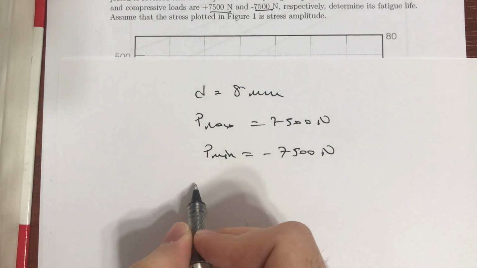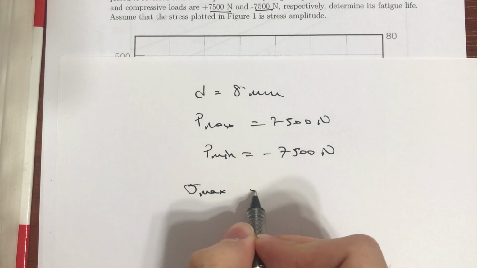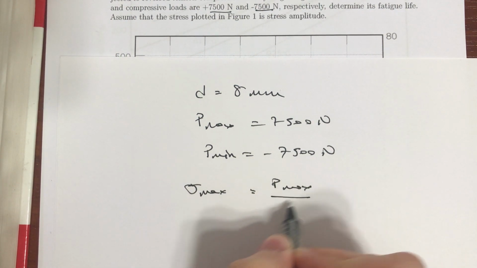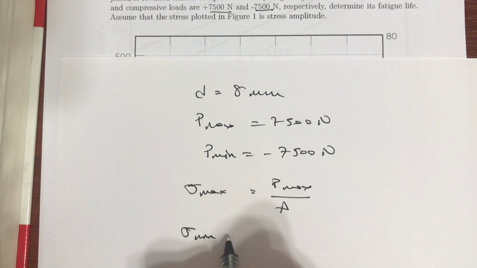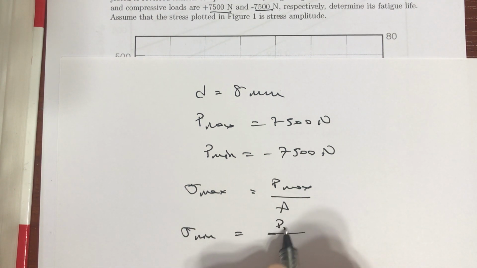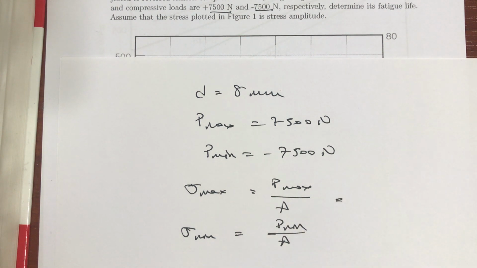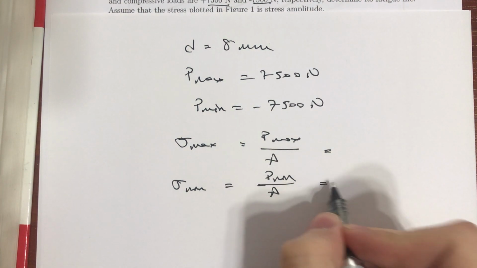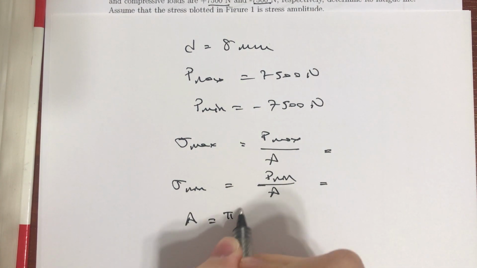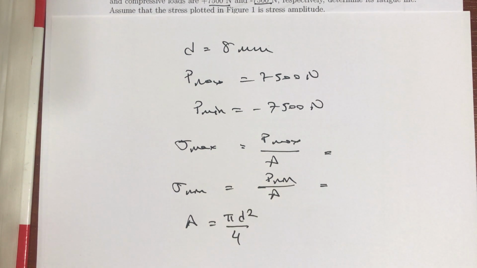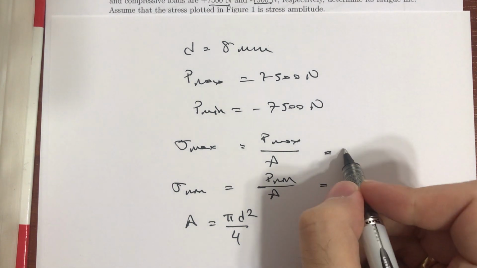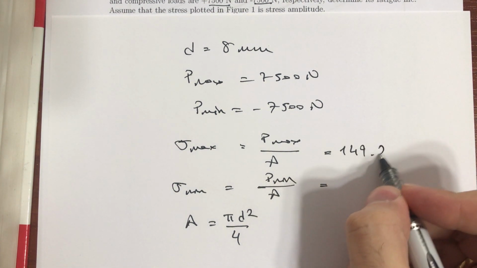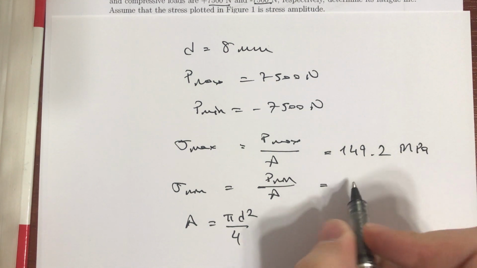7,500 newtons, we calculate maximum stress from P max over A and minimum stress from P min over A. The maximum load is 7,500, minimum load is minus 7,500, tensile and compressive. The cross-sectional area is pi d squared over 4, and if you calculate these maximum and minimum values, you will obtain 149.2 megapascals.